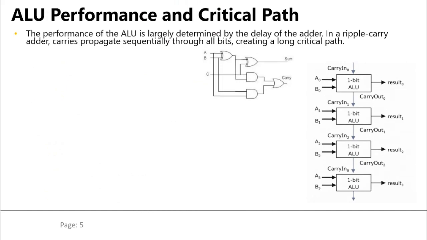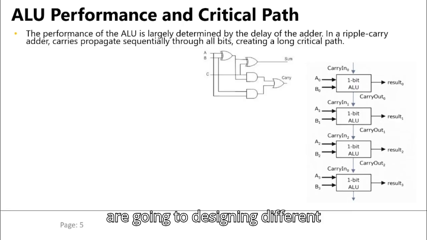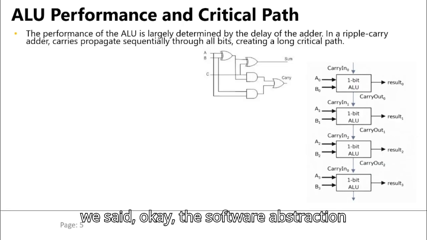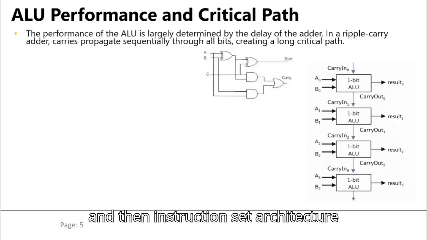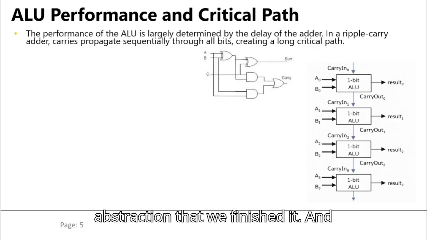We want to see how the microarchitecture of the computer gets designed. From now, we are going to design different parts of the computer in the microarchitecture part. So we talked about the software part, the software abstraction and then the instruction set architecture abstraction, and we finished that.